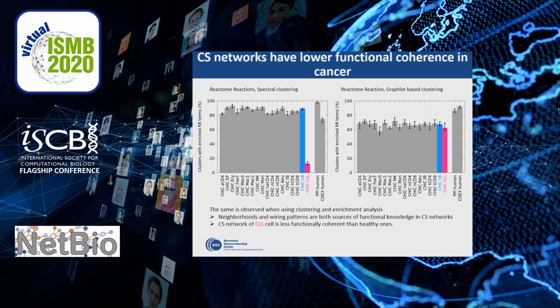And we do not observe such a decrease when looking at the graphlet-based clustering. This means that the rewiring that is happening in leukemia is altering the functional coherence in the neighborhood of the genes, but not the shape of the wiring patterns.